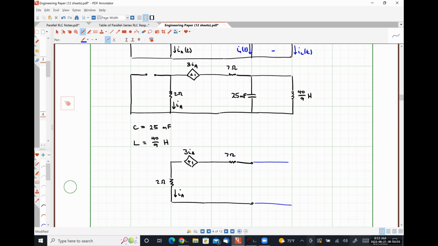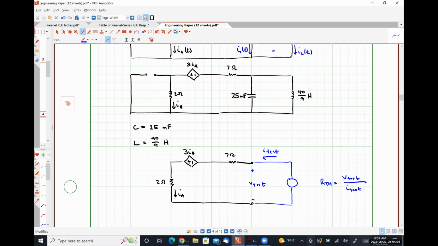I'm going to connect a source here. And what I need is this voltage V test and this current I test, because the Thevenin resistance RTH is simply the ratio of V test over I test.